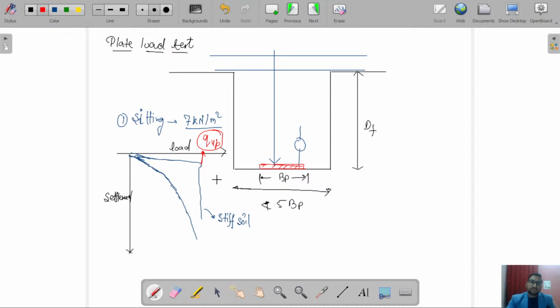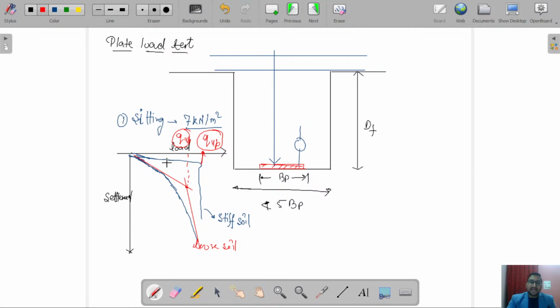Now, for this loose soil, how are we going to calculate this QU? As there is no exact failure point, we can use the tangent method. We draw one initial tangent and one final tangent, and the point where these two tangents intersect, corresponding to that we get QU of plate.